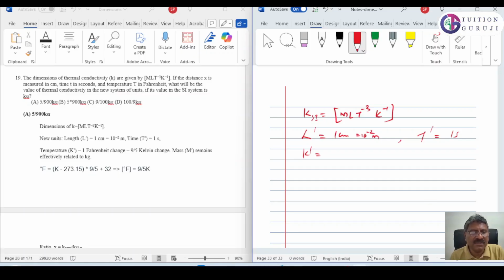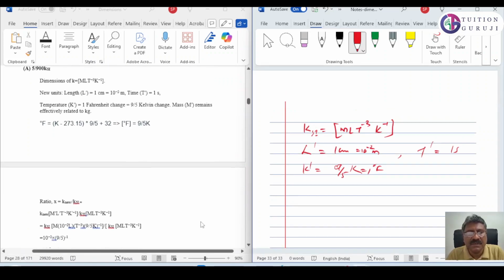When we change degree Fahrenheit into Kelvin, 1 degree Fahrenheit is equal to 9 by 5 K.